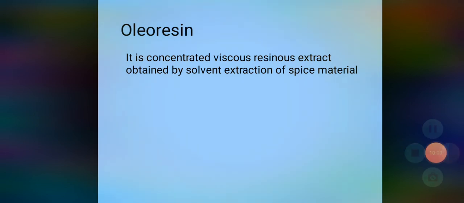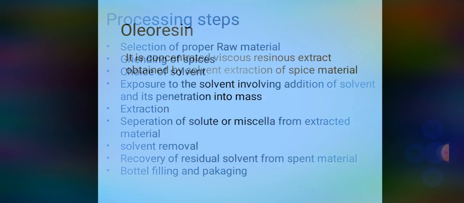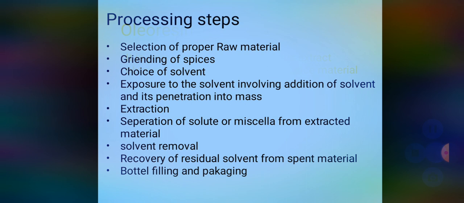Generally oleoresins are extracted by solvent extraction. There are two methods of extracting oleoresin. The first is solvent extraction and the second is supercritical fluid extraction. In this video we are going to see how solvent extraction is carried out.